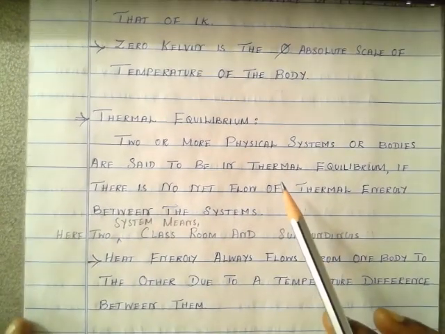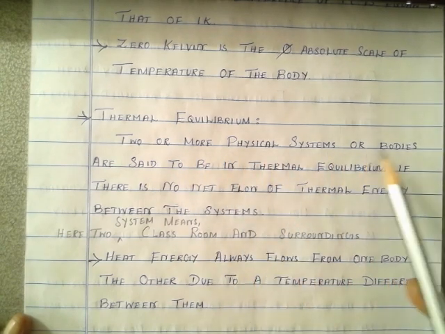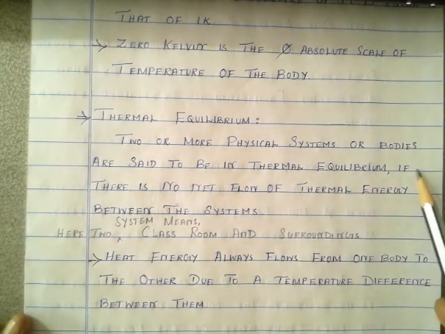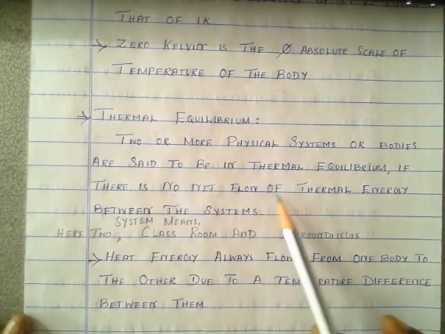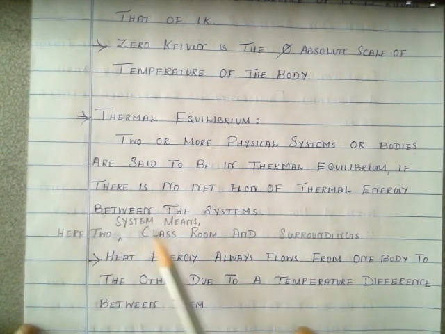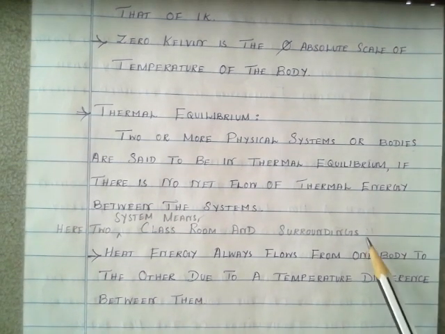Then thermal equilibrium. Two or more physical systems or bodies are said to be in thermal equilibrium if there is no net flow of thermal energy between these systems. Here, for two systems, we can consider this classroom and the surroundings.